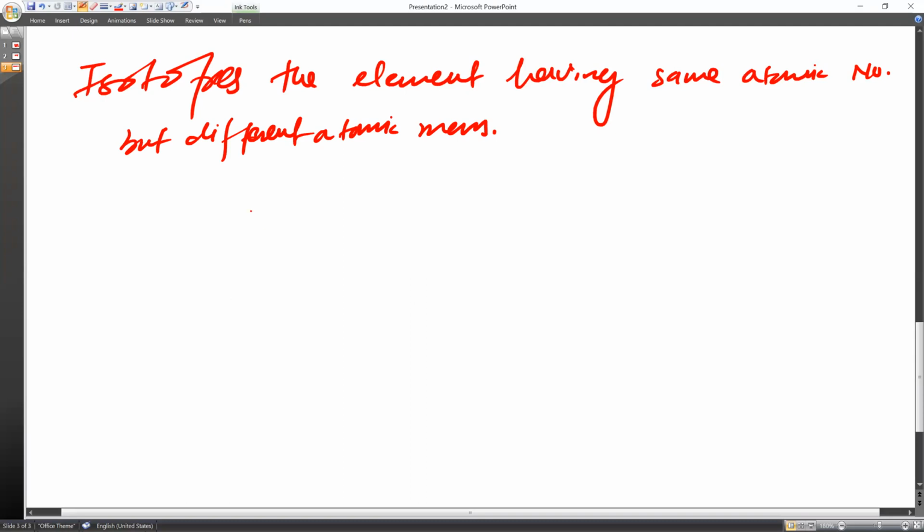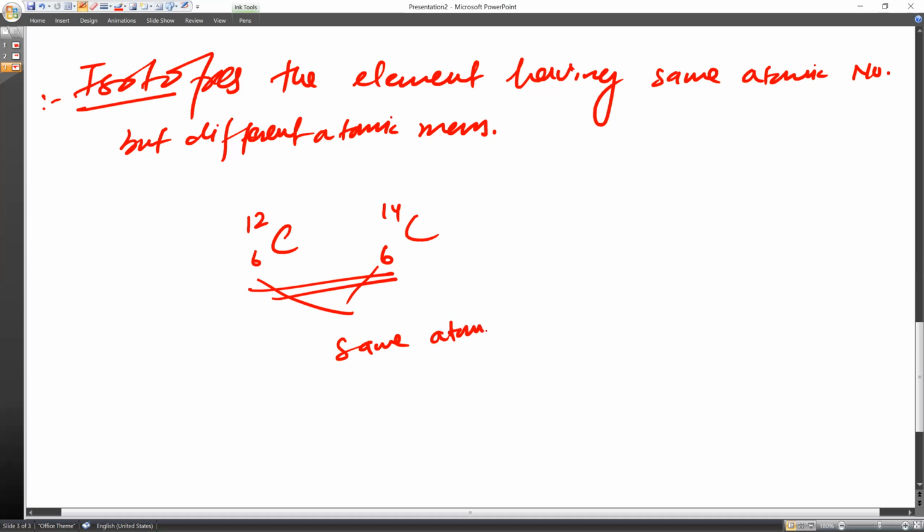For example, we have carbon-12 and carbon-14. They both have the same atomic number, but two different masses. So atoms of the same element having the same atomic number but different atomic masses are called isotopes.